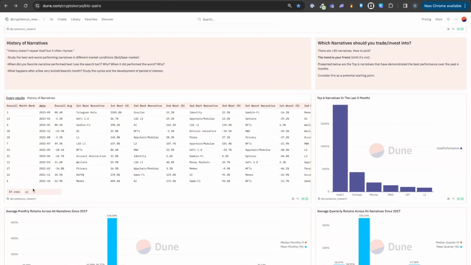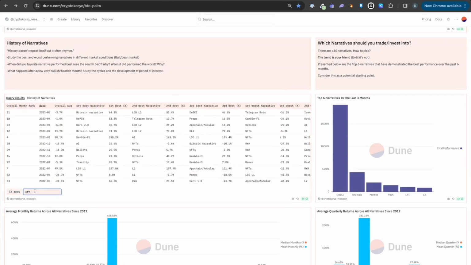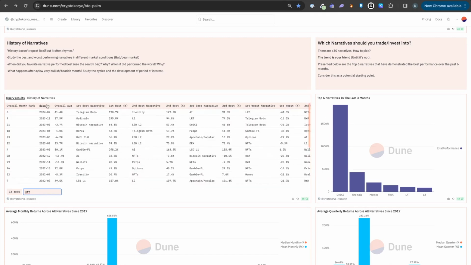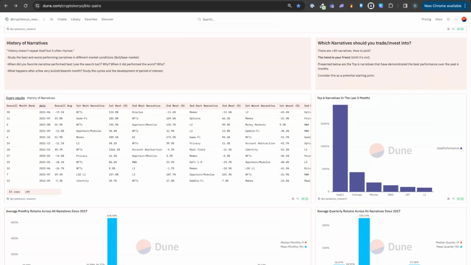Last example. NFTs, we know that they did really well in 21 in the bull market. So you can see them many times as the best performing narratives here, especially in June 21. It was a bearish month for the entire crypto market, but NFTs were exploding.